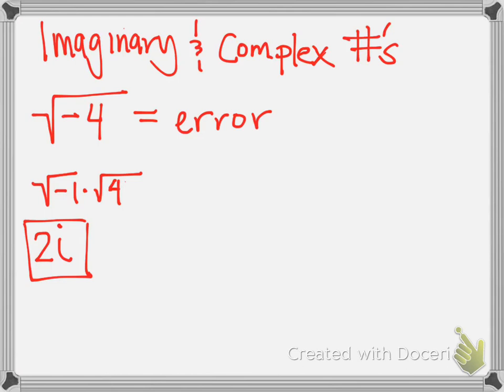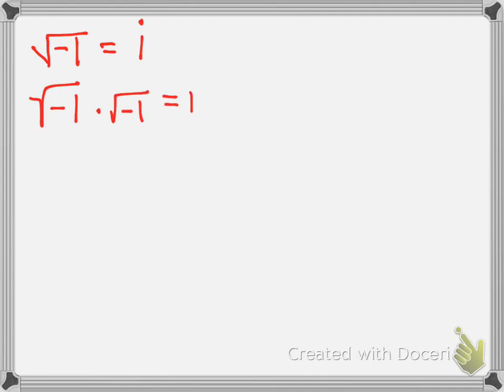Okay, let me give you some more examples. So square root of negative 1 is defined as i. Square root of negative 1 multiplied by square root of negative 1 is i squared, or negative 1.